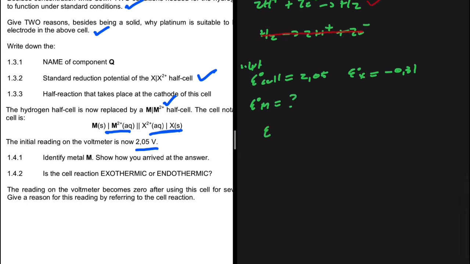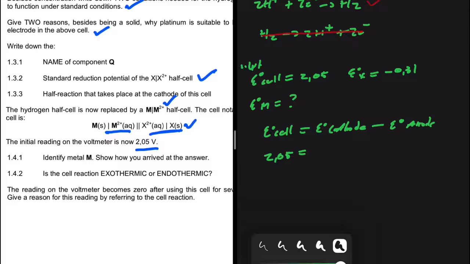So what can we say now? We can say that the EMF of our cell is equal to the reduction potential at the cathode minus the reduction potential at the anode. So the EMF of the cell is 2.05. At the cathode we have X, so that is minus 0.31, minus the reduction potential at the anode.